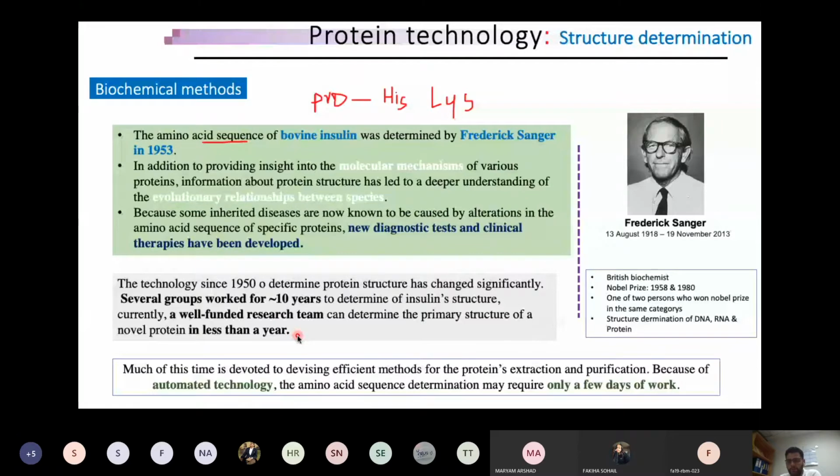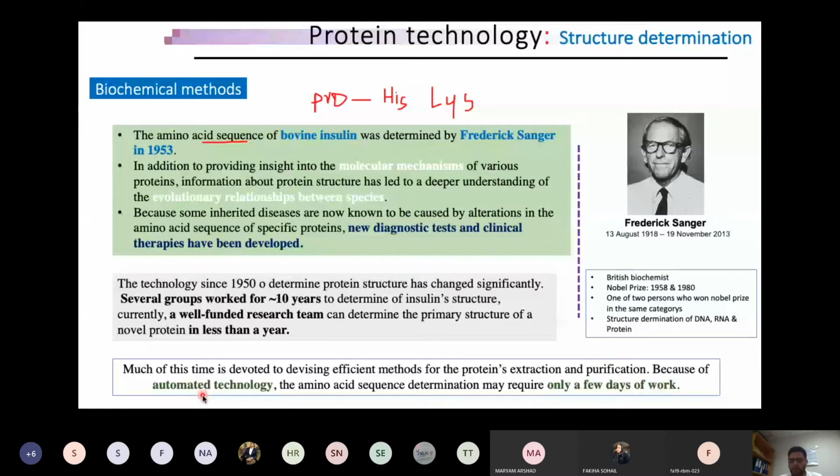We have lots of techniques, our knowledge has expanded a lot, and we have learned lots of things about proteins. So now we can do it much quicker than we thought was possible before. Much of this has become easier because of automated technologies, which include, for example, mass spectrometry and sequence determination.